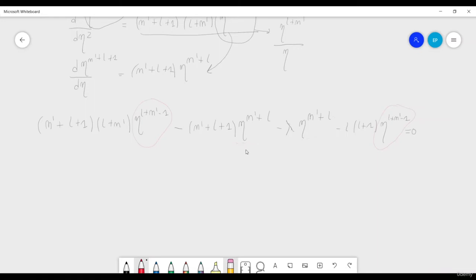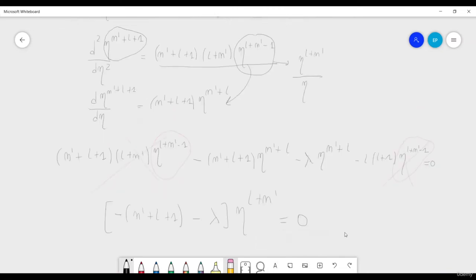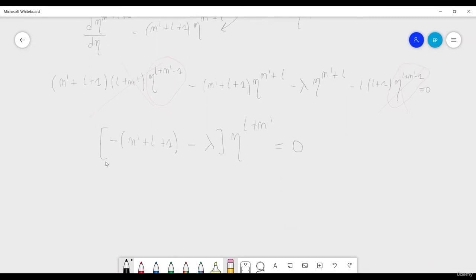So we can neglect these two terms and only consider, for very large values of eta, these terms here. So you have minus n prime plus L plus 1, and then I have minus lambda, and then this multiplies eta to the power L plus n prime, and this should be set equal to 0. From here, we derive that this coefficient that multiplies eta to the power L plus n prime should be equal to 0.